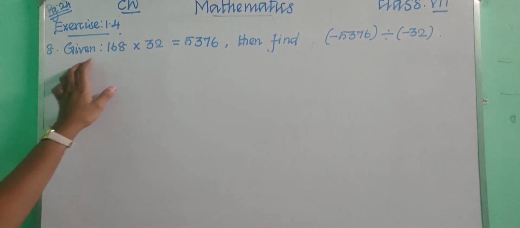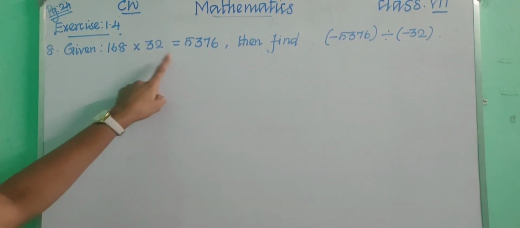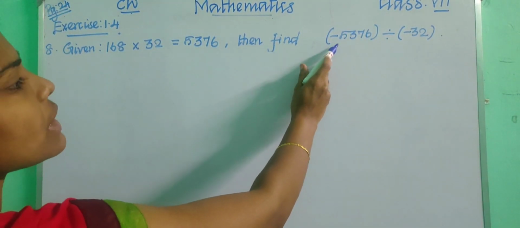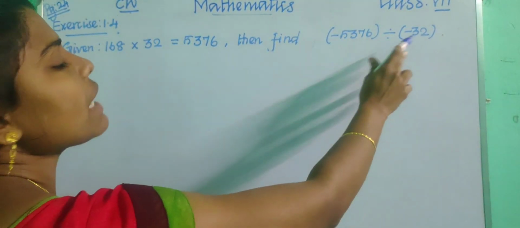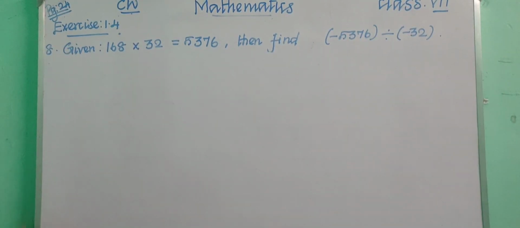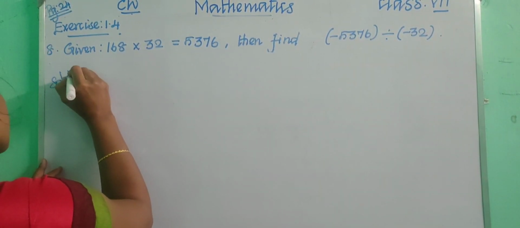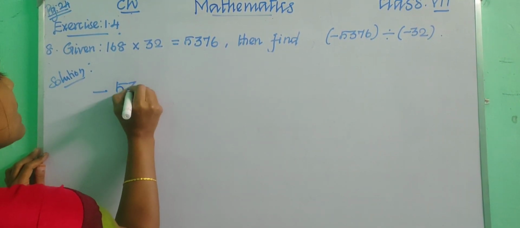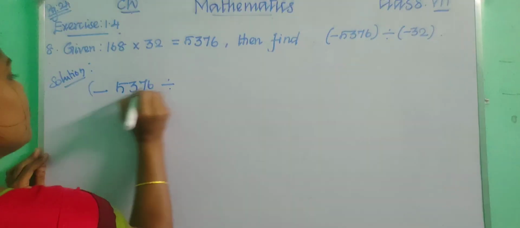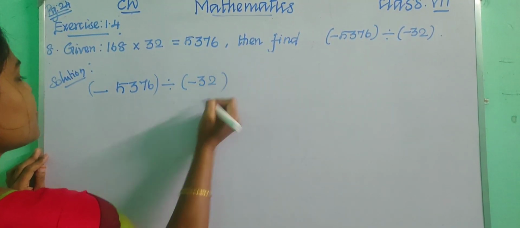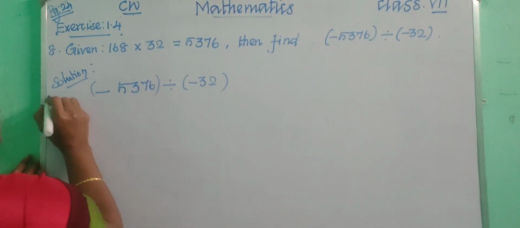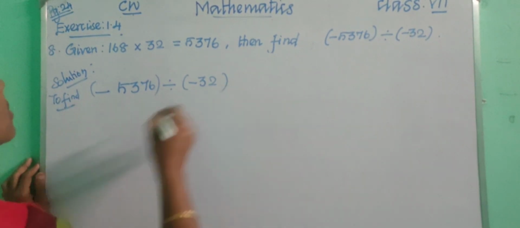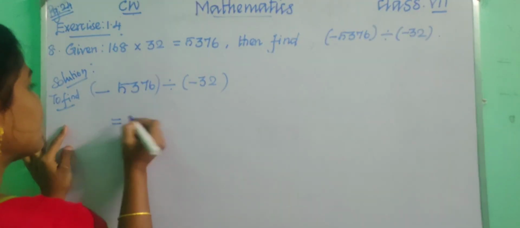Okay, children, see the 8th question. What is given? Given 168 into 32 equal to 5376. Then find minus 5376 divided by minus 32. So let us write the solution. What we are going to find is minus 5376 divided by minus 32. We can write this one in the fraction form, right?